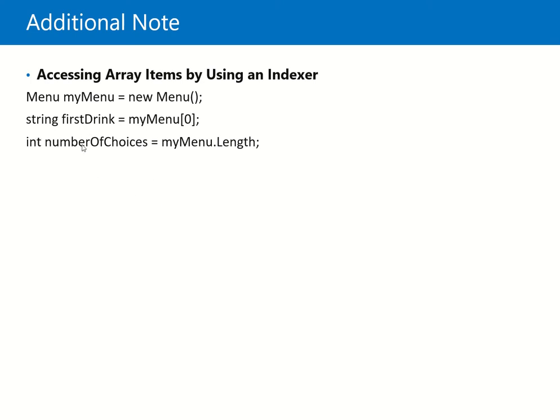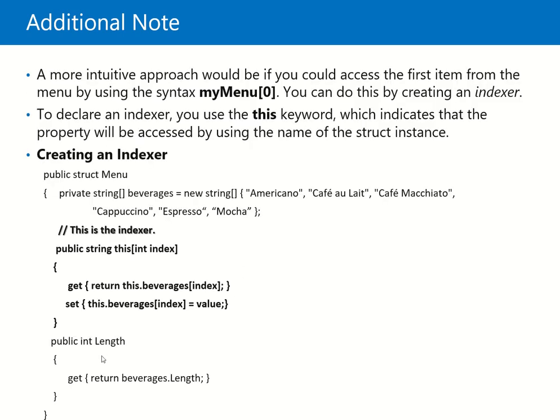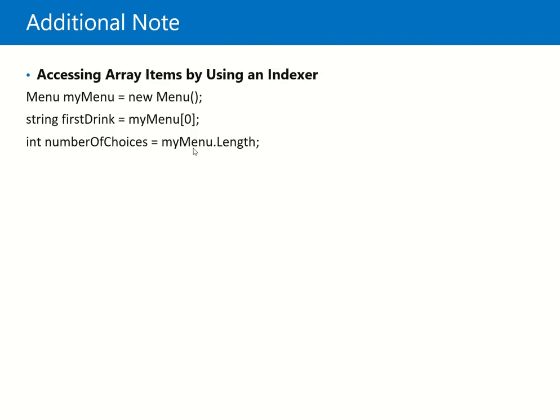And you create another integer variable called number of choices. So my menu dot length returns 1, 2, 3, 4, 5, 6. So the length of this array is 6, and the result would be number of choices equal to 6.